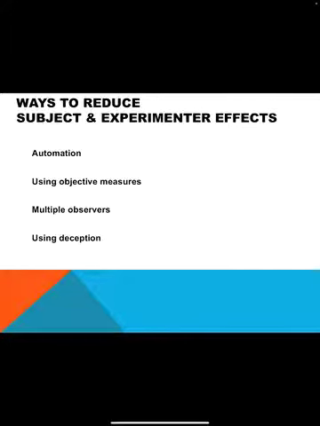Another way to reduce those is automation, and that is very similar, just a little more general than the computer example I gave a few minutes ago. Automate everything. And it doesn't have to be on a computer. I know that you have all taken some sort of standardized testing.